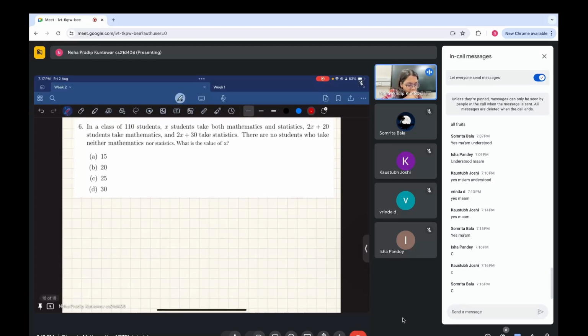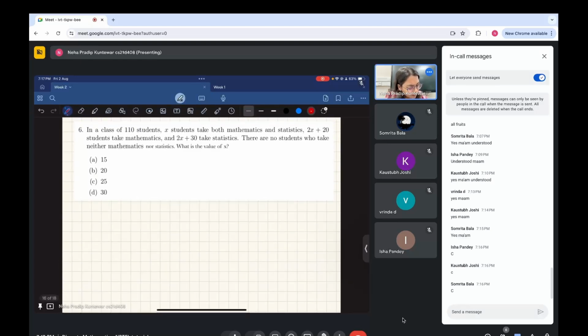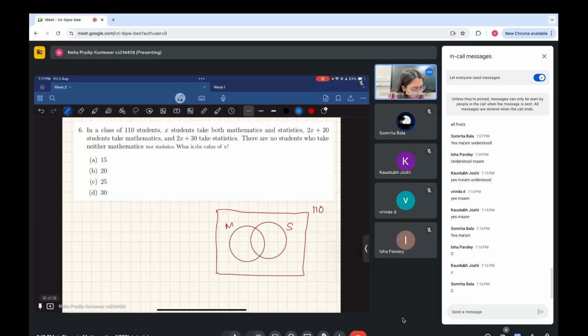So let's say you have a class of 110 students, and say M is the set of students that take mathematics, and say S is the set of students that take statistics. From the data that is given, you know that there are exactly x students who take both math and statistics, and there are 2x plus 20 students who take mathematics. Then there are 2x plus 30 students who take statistics.